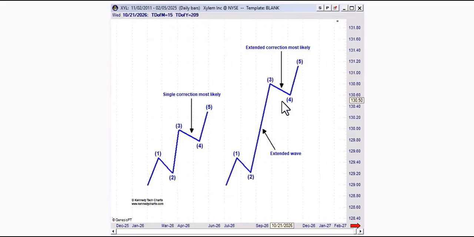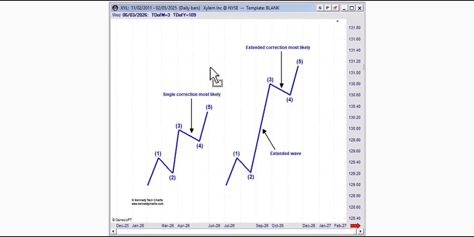This is where you're most likely going to encounter a WXY, because remember, complex corrections tend to occur when a single correction is insufficient in correcting the totality of the preceding move. So if the preceding move is a very large move, then odds are that a single corrective structure is simply not going to be sufficient in correcting that price move. The market needs to digest that movement, and the way it does that is by forming the extended correction.